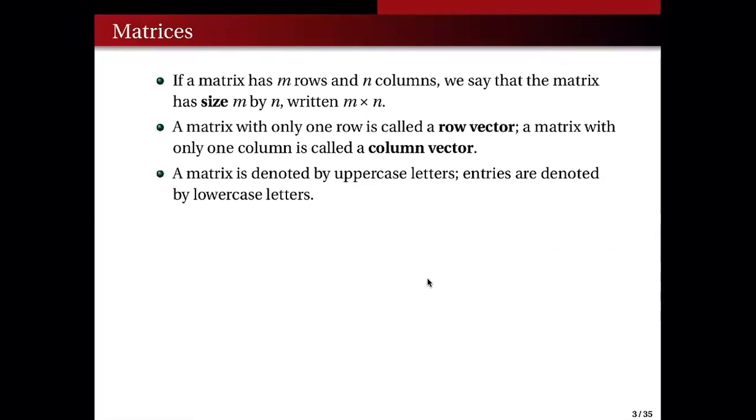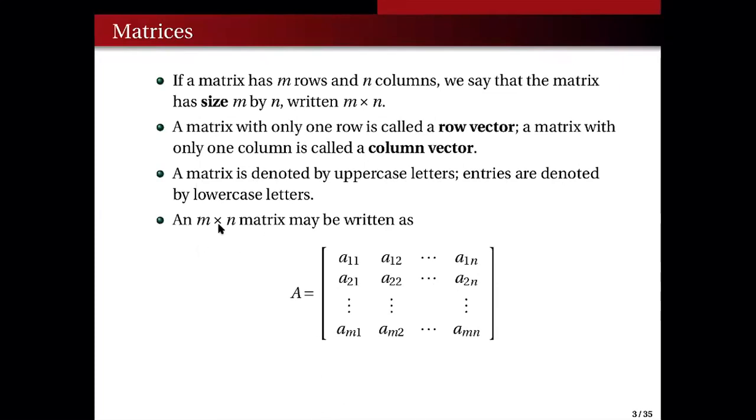Then, a matrix is denoted by uppercase letters, and the entries are denoted by lowercase letters. So for example, if we have here an m by n matrix, then we write it this way.